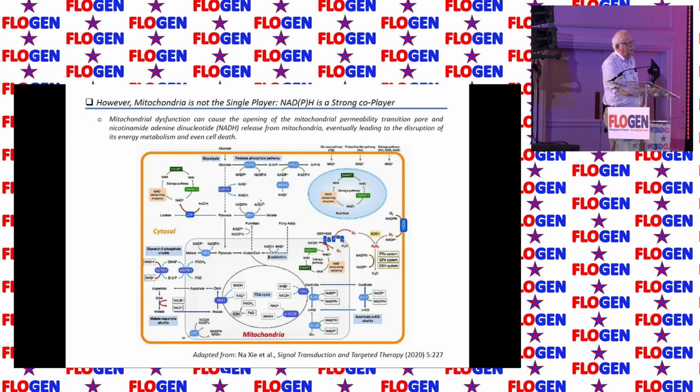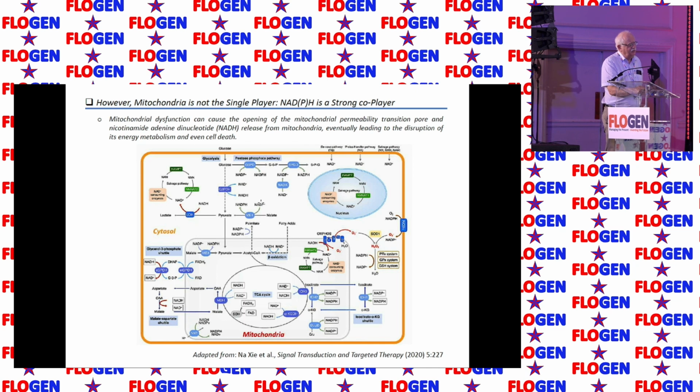But the mitochondrion is not alone, because you have this family of NADH and NADPH that are involved everywhere. This is a drawing of a cell that I took from the literature, because it is not easy to draw by myself. And you see mitochondria inside the cell, and everywhere you have channels that are connected through NADH and NADPH.